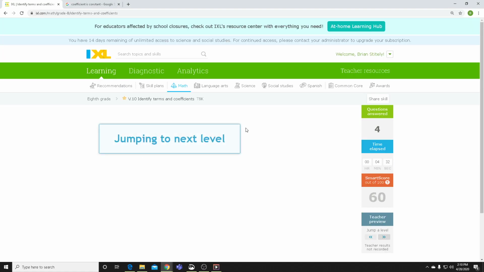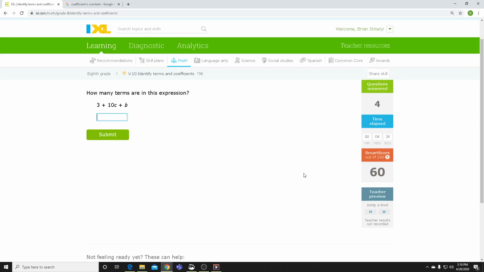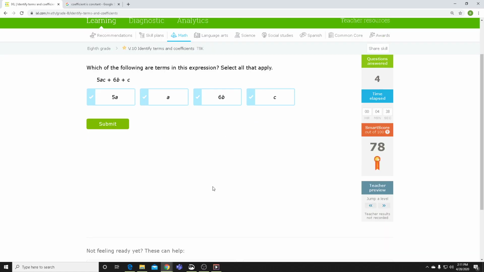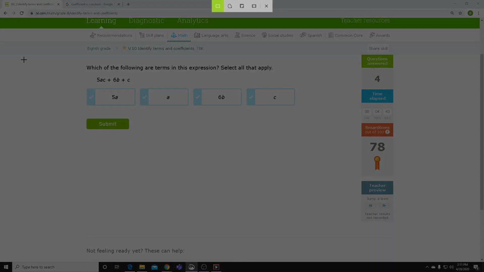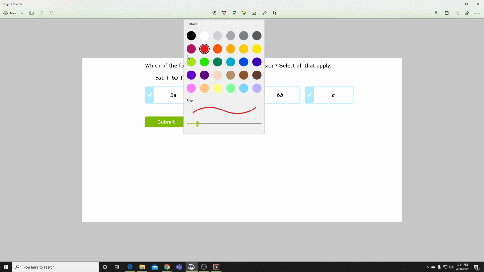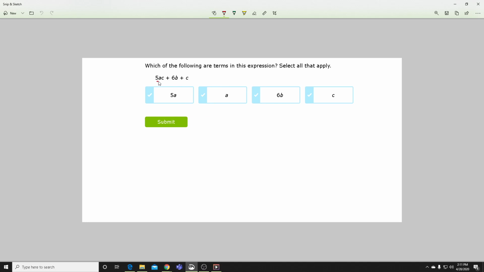Okay, let's skip ahead. Which of the following are terms in this expression? We'll do one more like this. Okay, so we have one term here is 5ac, second term is 6b, third term is c.